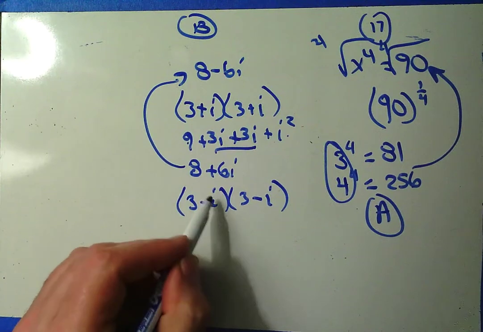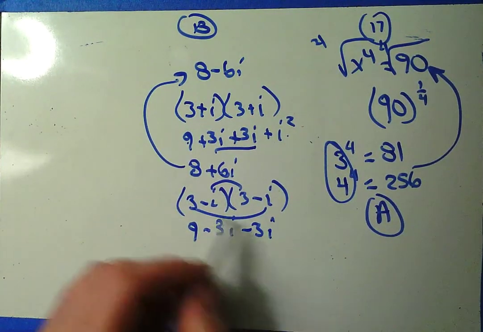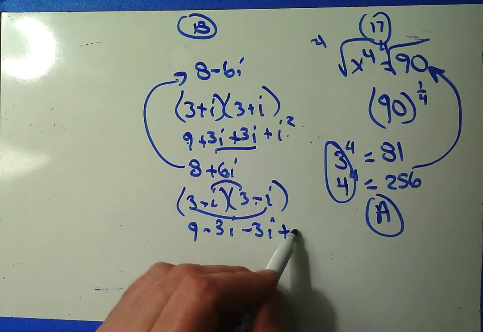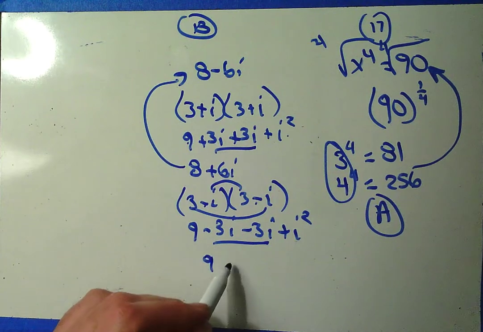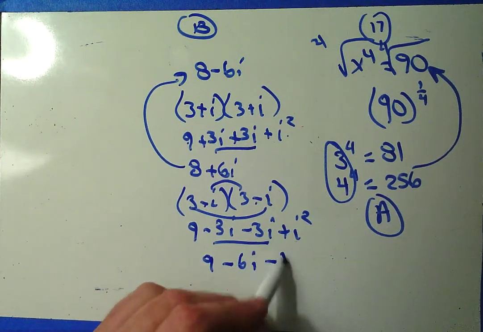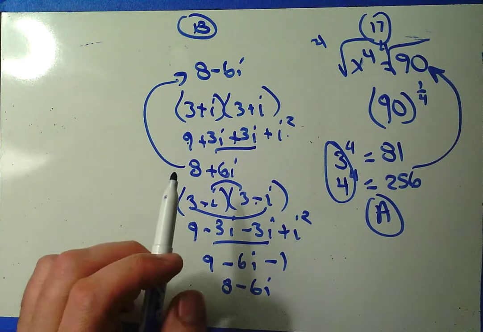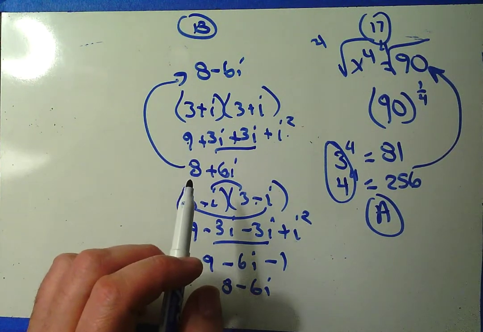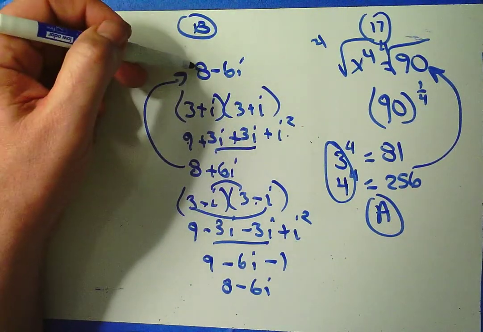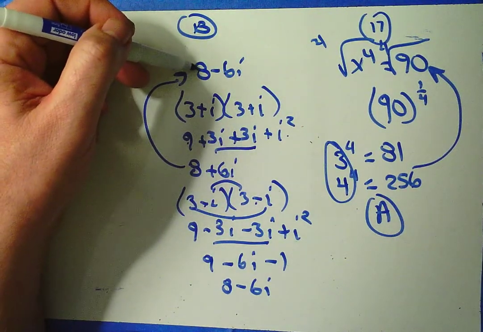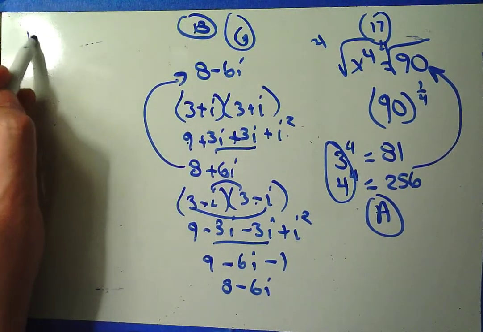And so we get 9, and we get minus 3i, and minus 3i, and minus a minus is plus i squared. And lo and behold, we get our 9 minus 6i minus 1, or 8 minus 6i. Trust me, this is a lot easier than de Moivre's theorem. So we're going with just squaring the given options until we find one that works for us, and that means G is the answer for number 18.